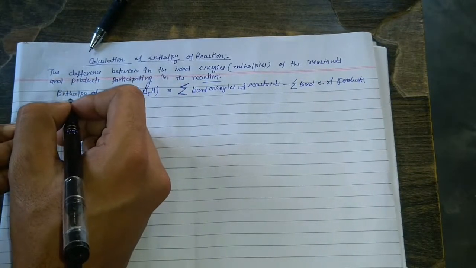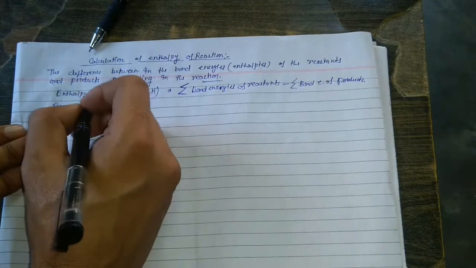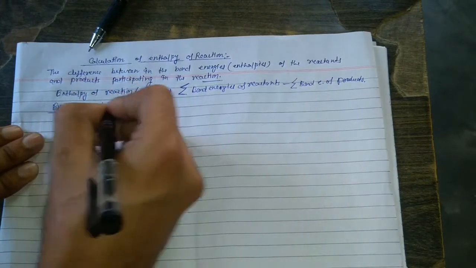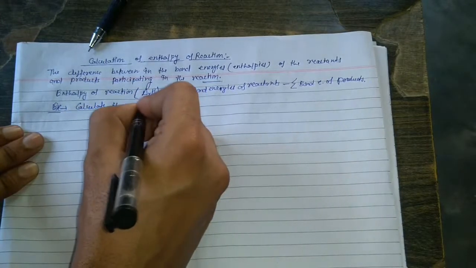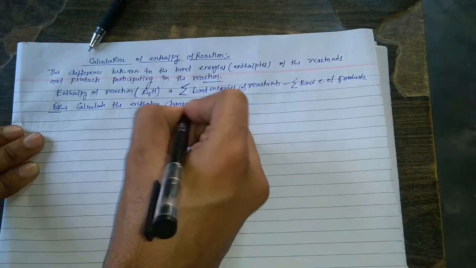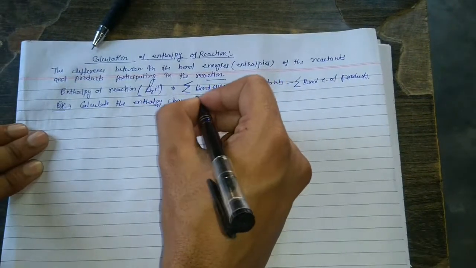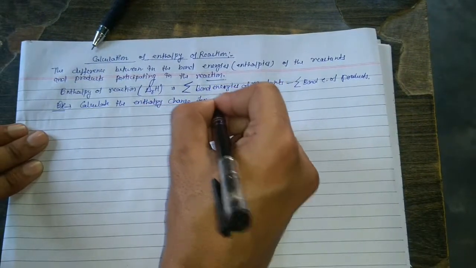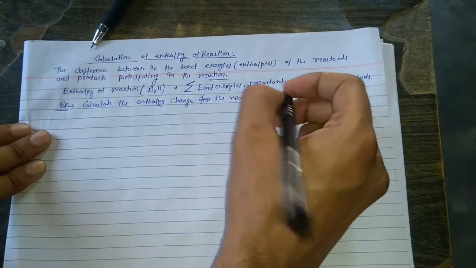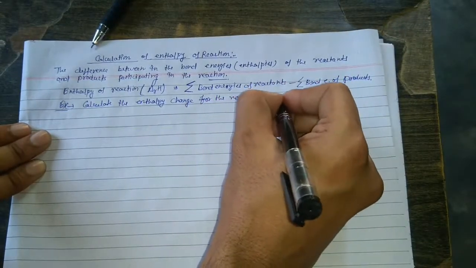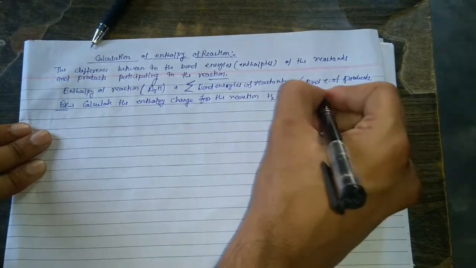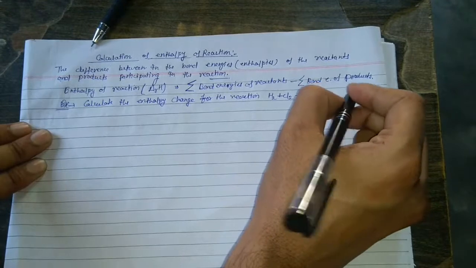Here is the question: calculate the enthalpy change for the reaction hydrogen plus chlorine converting into HCl.